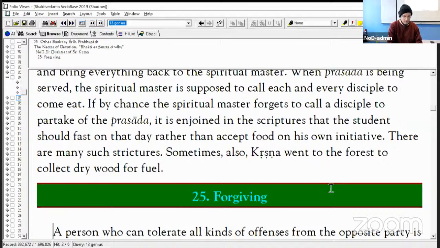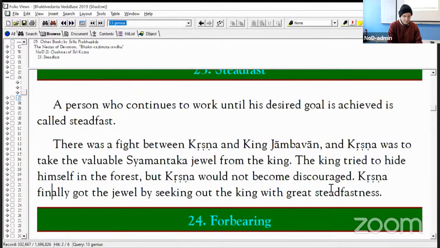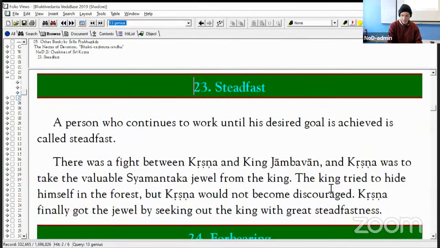23, what did we say about 23, steadfast, work until you get the goal. Never give up. Never give up. Stira, and this is so in Sanskrit 24 is danta.